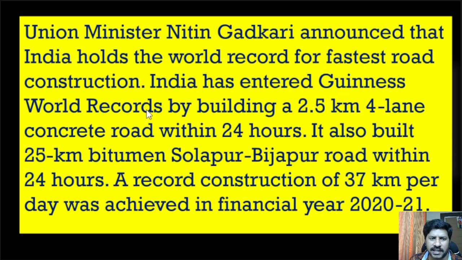India has entered the Guinness World Record by building a 2.5 kilometer 4-lane concrete road within 24 hours. It also built the 25 kilometer bitumen Solapur Bijapur road within 24 hours. A record construction of 37 km per day was achieved in financial year 2020-21.